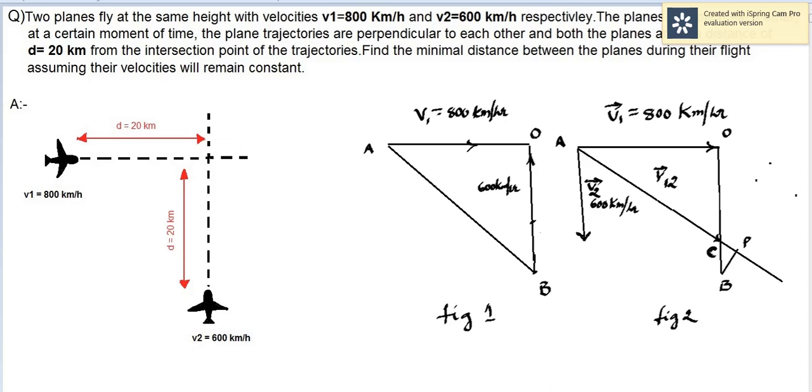Remember, the first plane is going to reach the point O the earliest. The second one will reach there later on. So, now we have to find the minimum distance between the two planes when they do this maneuver.